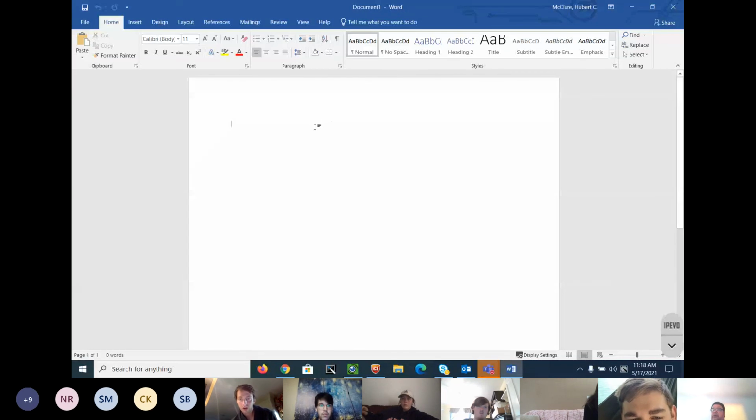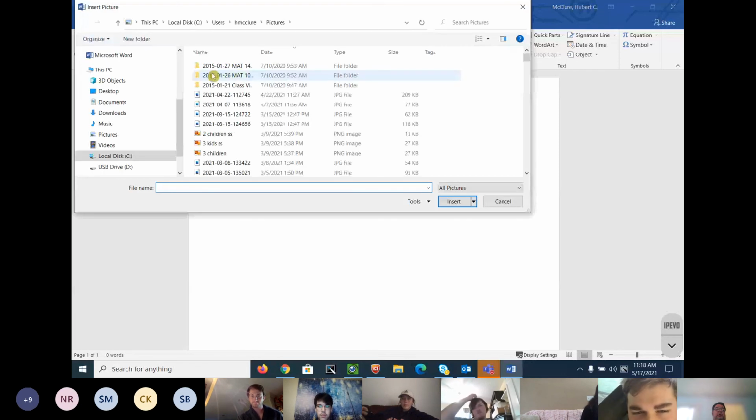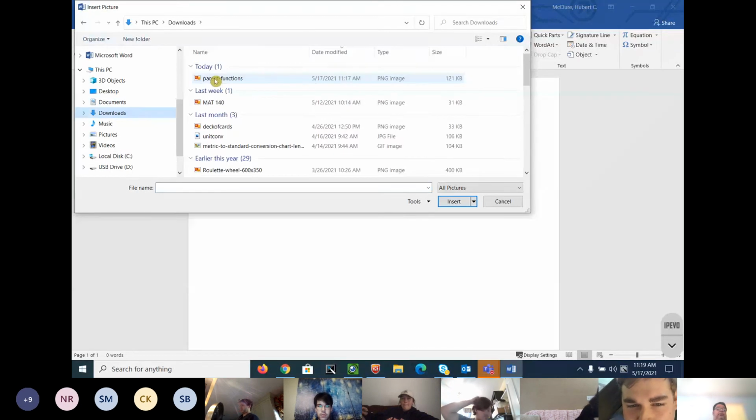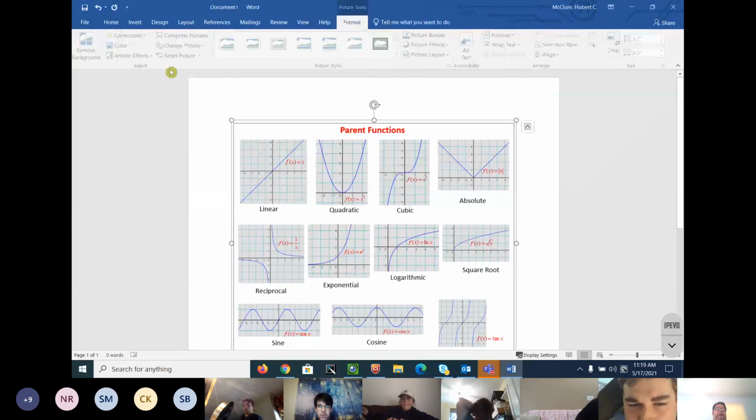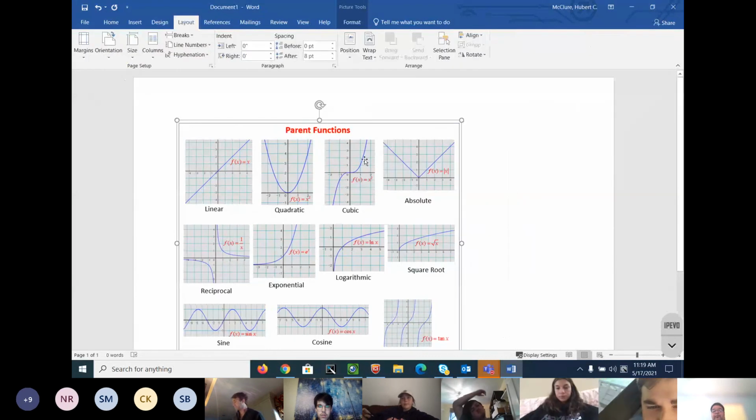Wait a minute, let me make sure I hit send. Yeah, I got it. Okay. Insert picture, download the parent graph, and we'll put in layout, orientation, landscape. There we go.